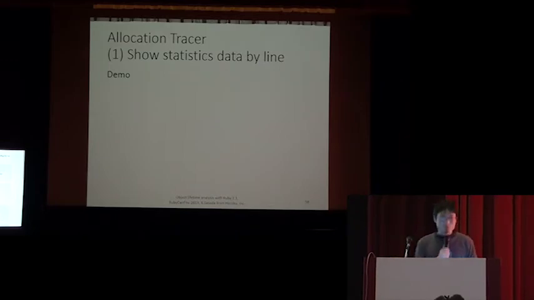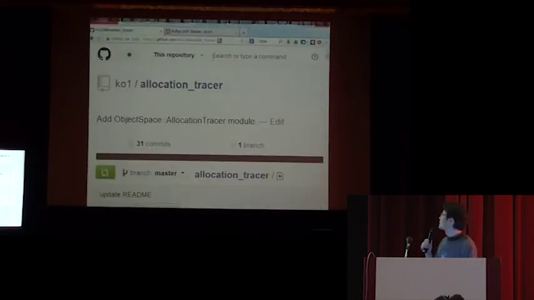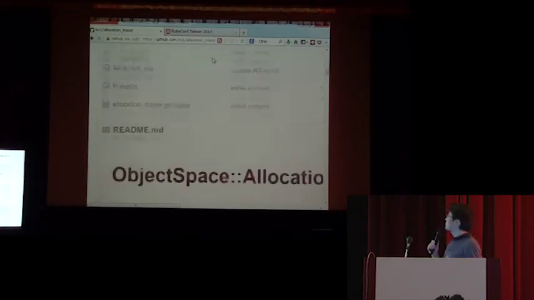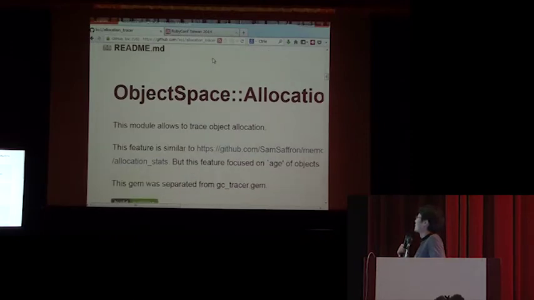I want to show you the demo, but there is no time to use the terminal, so I show this GitHub web page. This is the homepage of Allocation Tracer. If you want to see the source code, please refer to this page. I wrote everything in this README, so please read it.